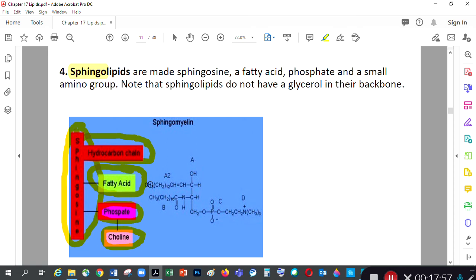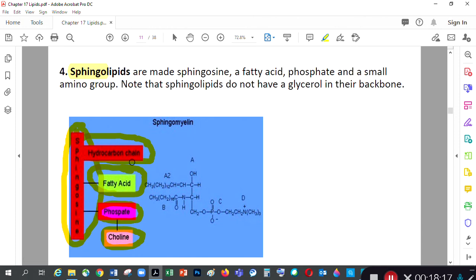And the phospholipids have two fatty acids, and one phosphate and one choline or amino alcohol. Here we don't have anything at all to do with glycerol. We have sphingosine connected to a hydrocarbon chain.